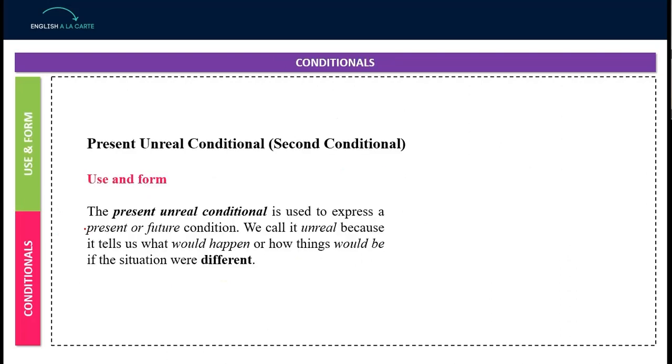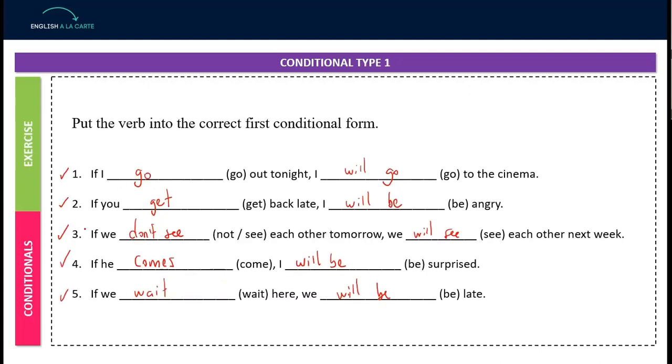Okay, conditional type 2. This is what we call unreal. I mean, conditionals are very tricky, very, very weird. What is the meaning of tricky? Tricky, engañosos. Because here, at least, it's true.